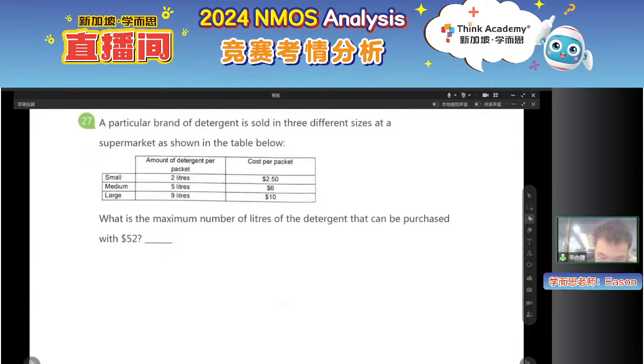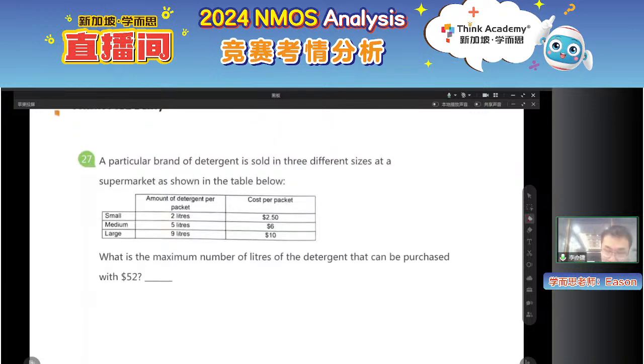Okay, then 27. So it says that we have 3 different sizes. And so the logic is, for all this type of question, the large is almost always the best way, right? Because if we want to buy something, we always choose the large set instead of small set. So large set would always be the most effective way.